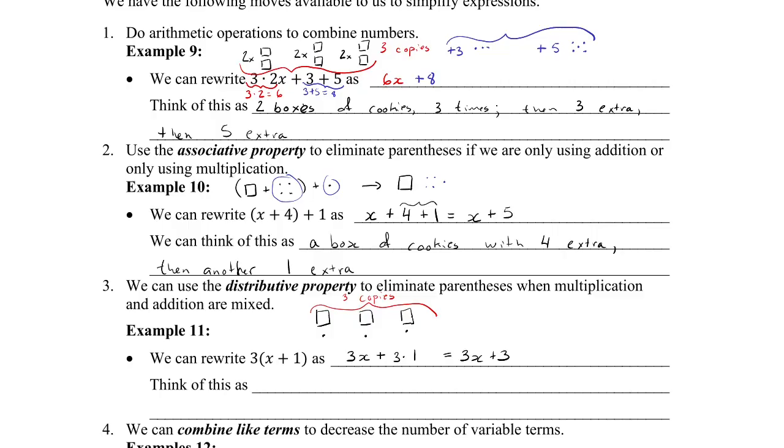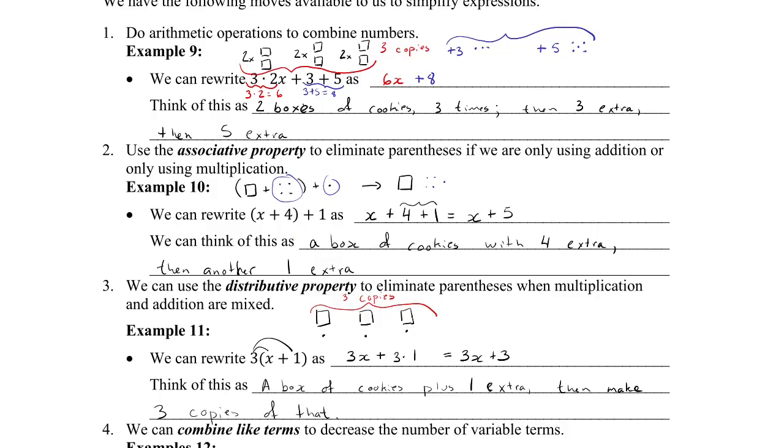We can think of this as a box of cookies plus 1 extra, then make 3 copies of that. The reason this is called the distributive property is we think of this move as distributing the 3. So everybody gets a 3. 3 times x plus 3 times 1.